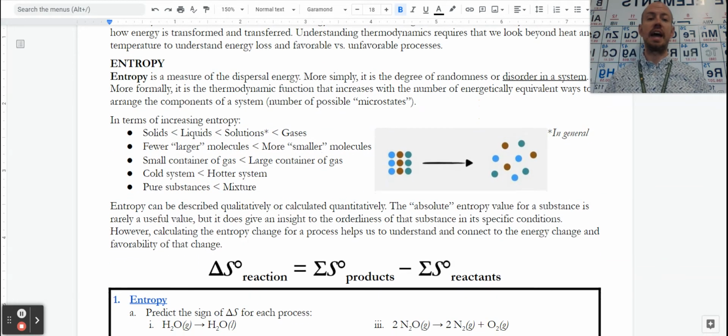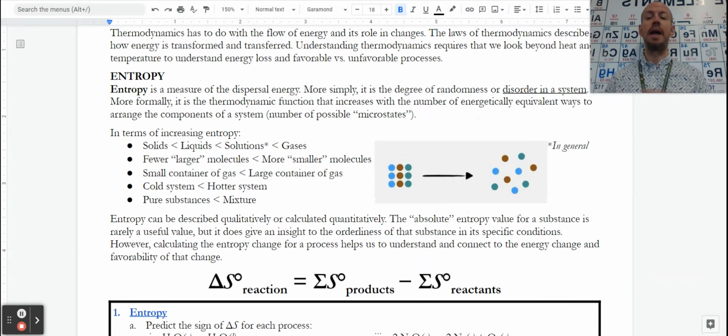The first key to that is an understanding of the term entropy. Entropy is formally defined as the dispersal of energy, but a lot of times we simplify it as, in our system, we're thinking about the randomness or the disorder. So entropy itself is disorder.